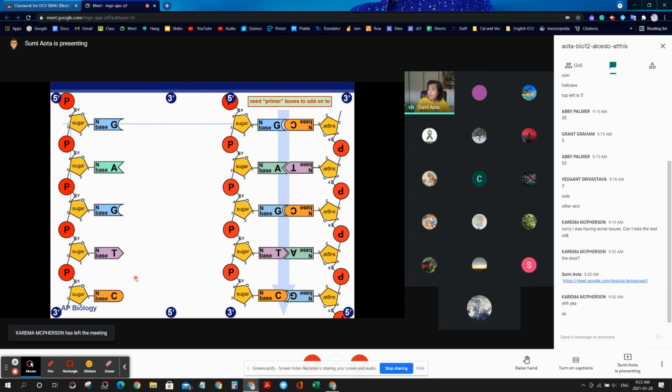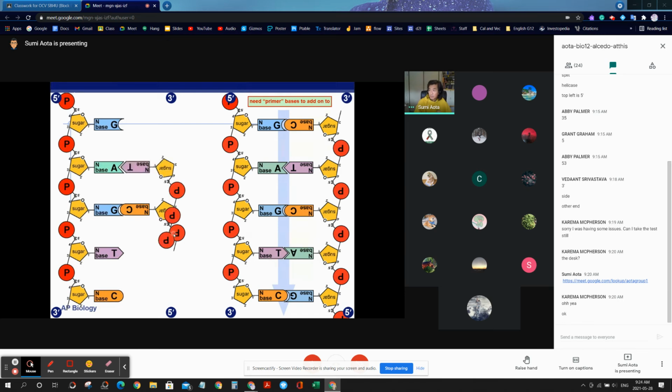Sorry about that. As Vedant said, we're going to have to start at this end, okay, down here, and work our way up. So there's our starter that's already there. DNA poly 3 is going to bring in a new nucleotide.